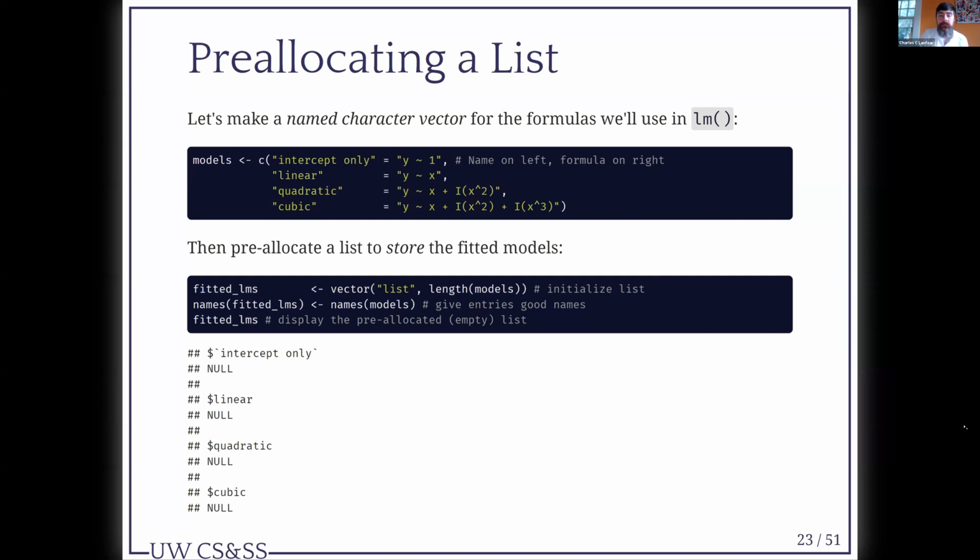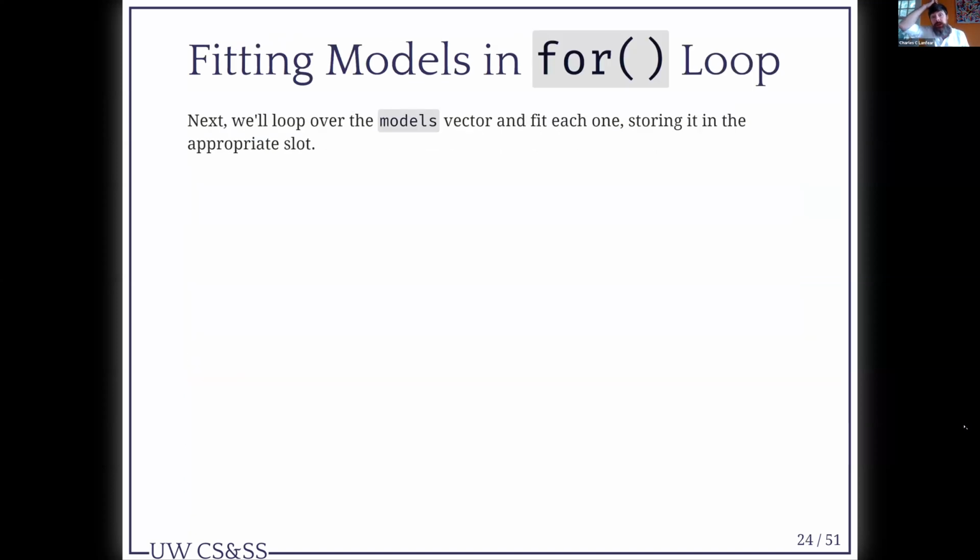Okay. So what we want to do is loop over the vector of models, fit each one of the models, and store it in that appropriate slot in the fitted LMs object.